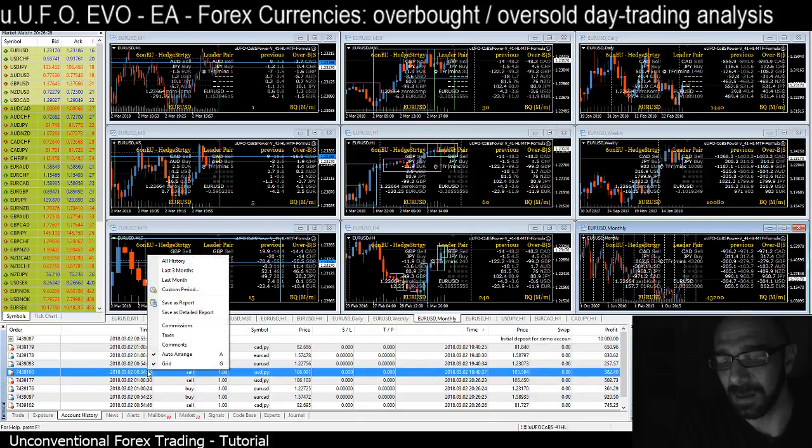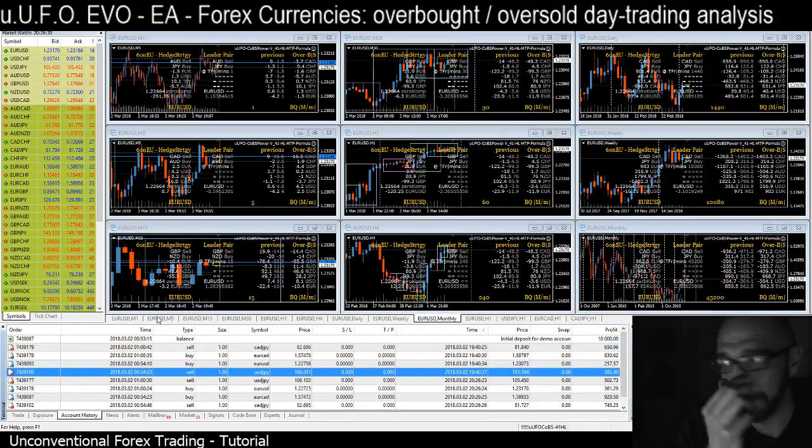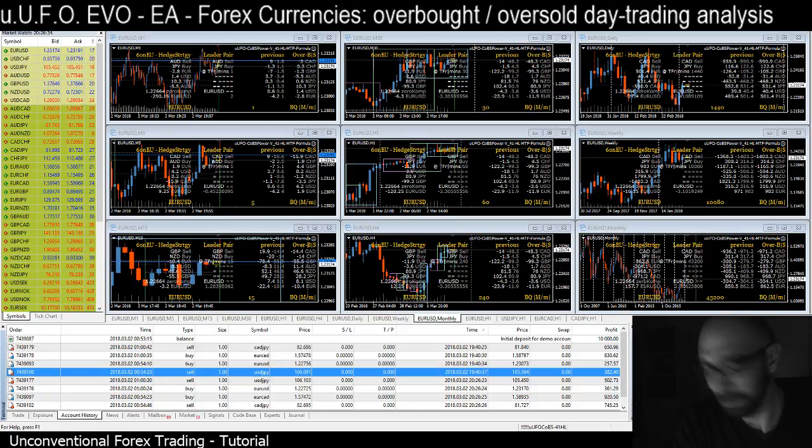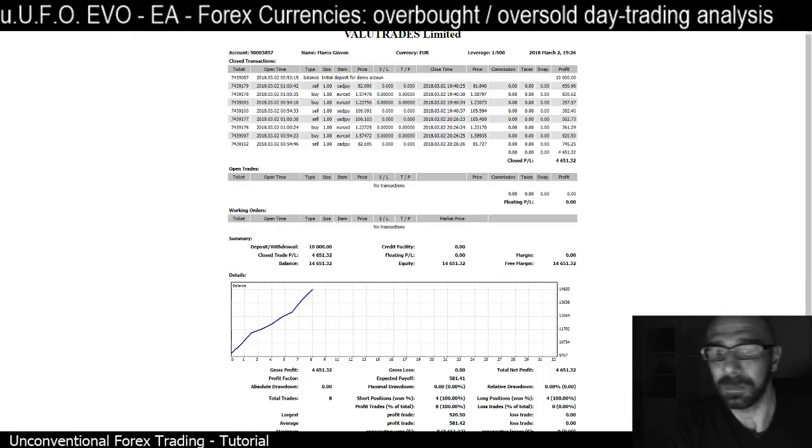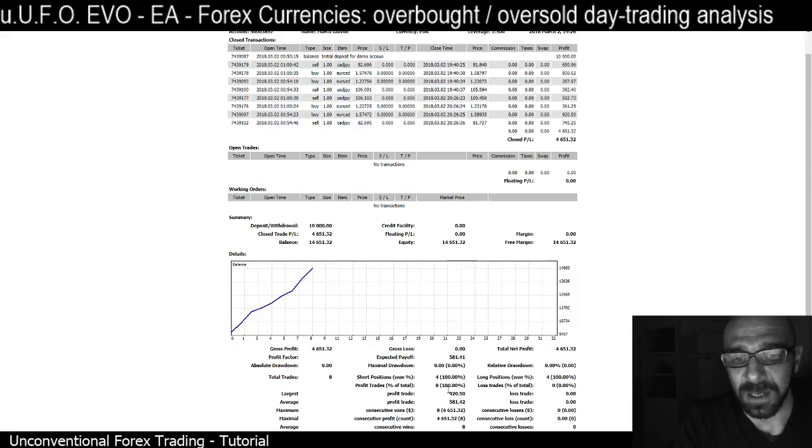and make a final detail report. Only 8 trades, 100% long positions, short positions, take all the time for reading the values and the stats.